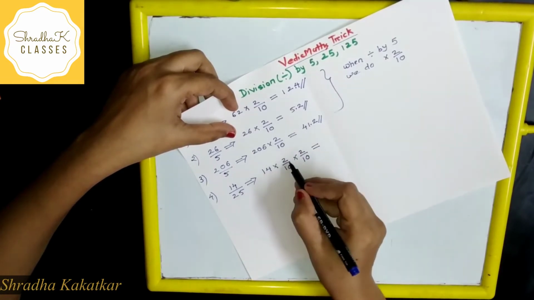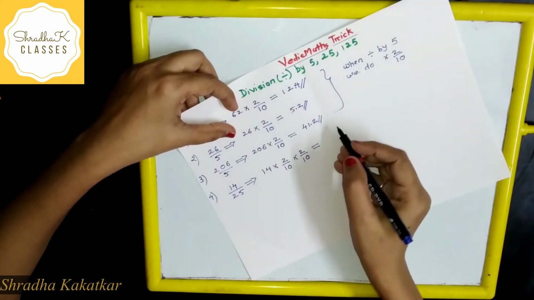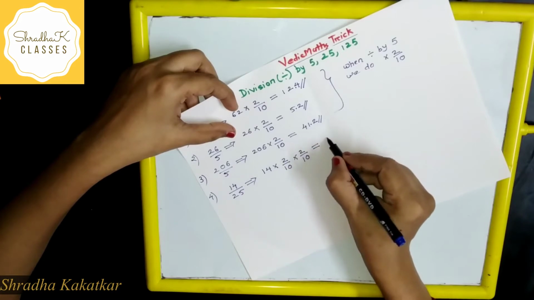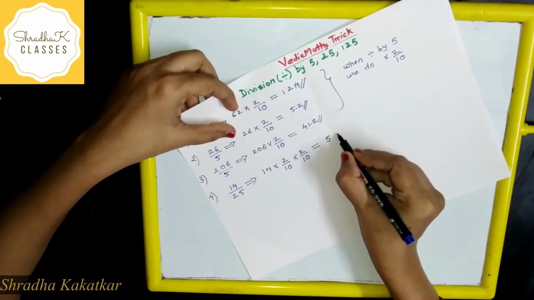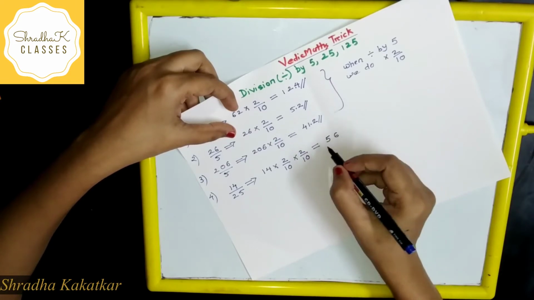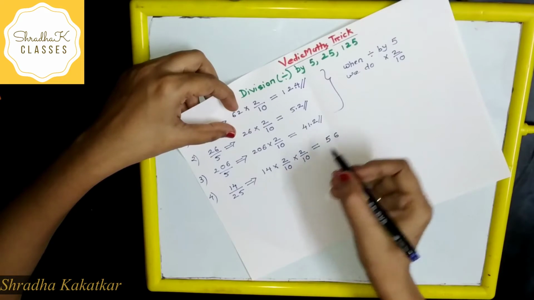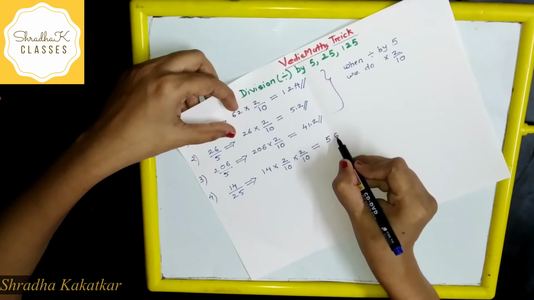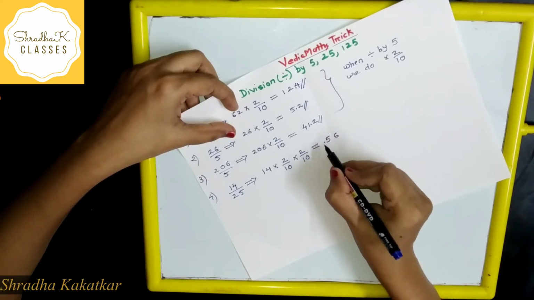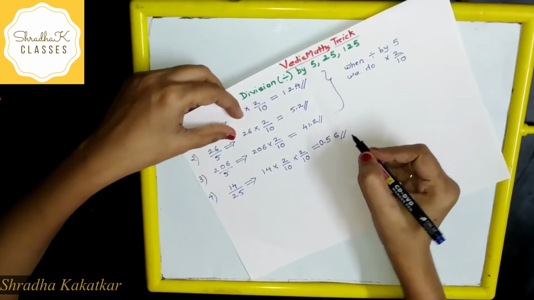Now 14 into 2 into 2: 14 into 2 is 28, into 2 is 56. Now 10 into 10 is 100, so we have to give the decimal point after 2 digits, 2 zeros. So 0.56 is the answer.